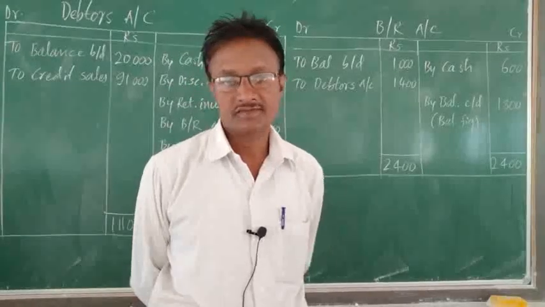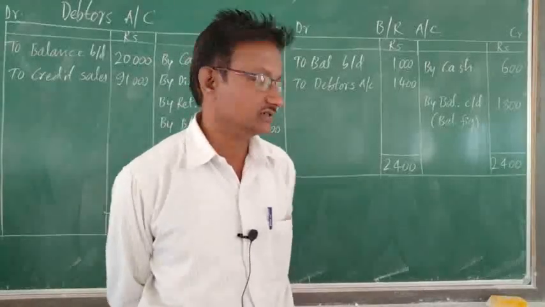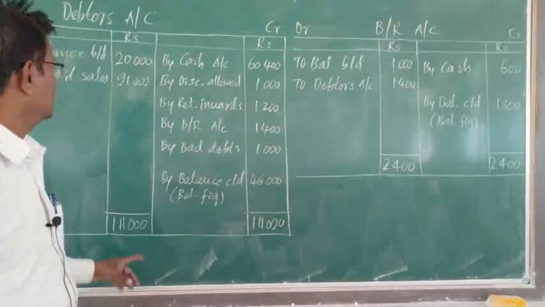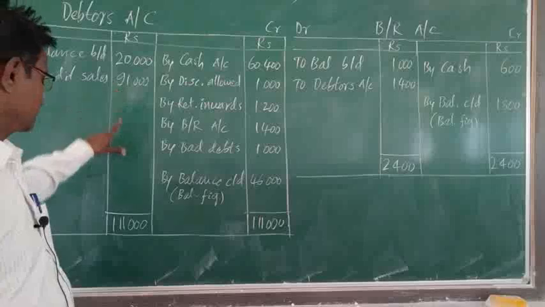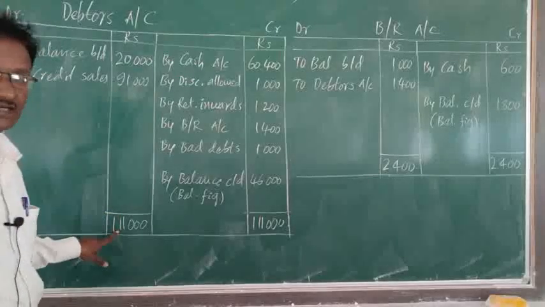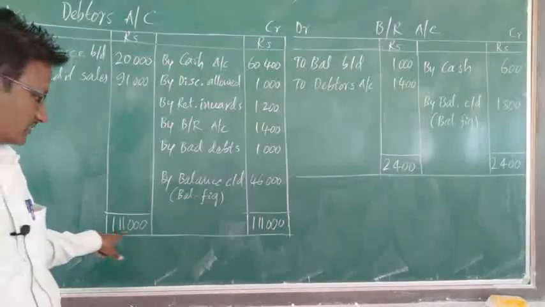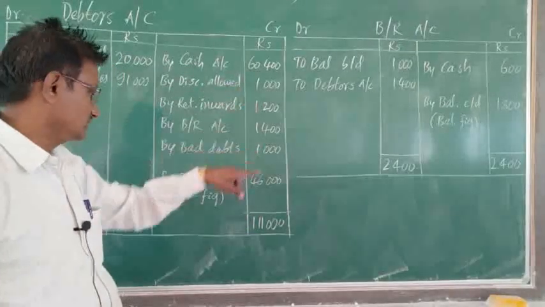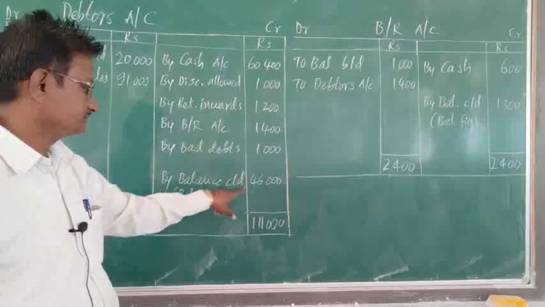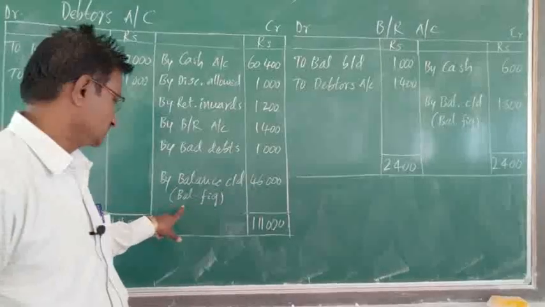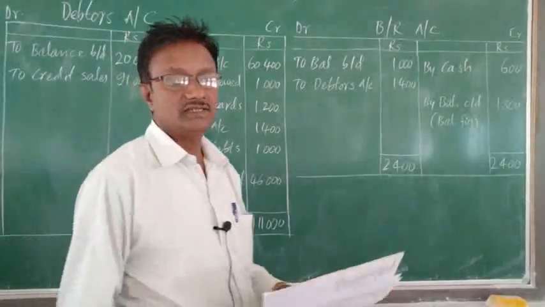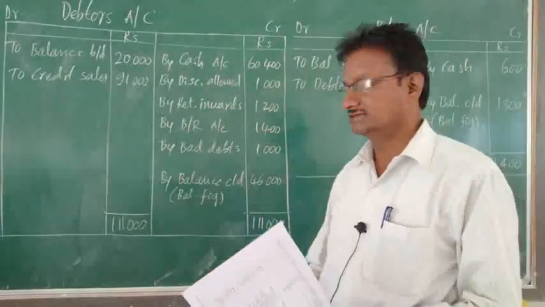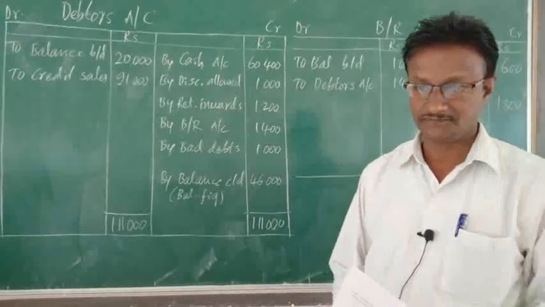And next, close the debtors account. Here the debit side is more, that is 1,11,000. From 1,11,000 all credit entries are deducted and the difference is 46,000. It is the balancing figure and the closing balance of debtors, 46,000 rupees.